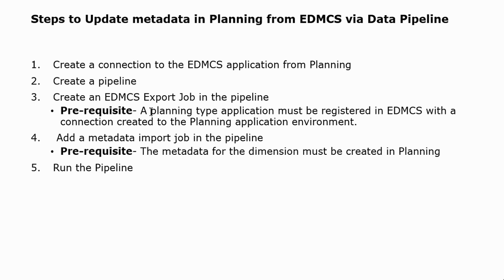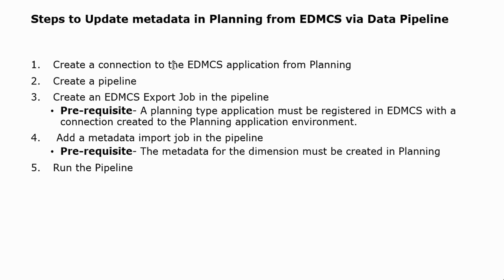In this video, I'm going to talk a little bit about how we can automate the process of updating the metadata in a planning or an FCCS or even in an EPCM allocation application using data pipeline. Typically, data pipeline is used to schedule multiple types of jobs.